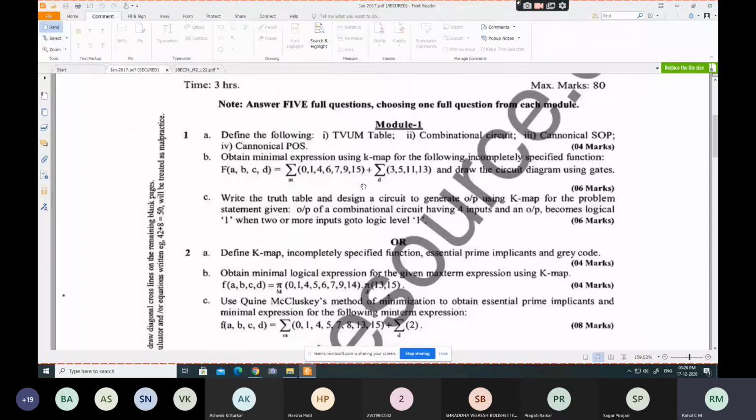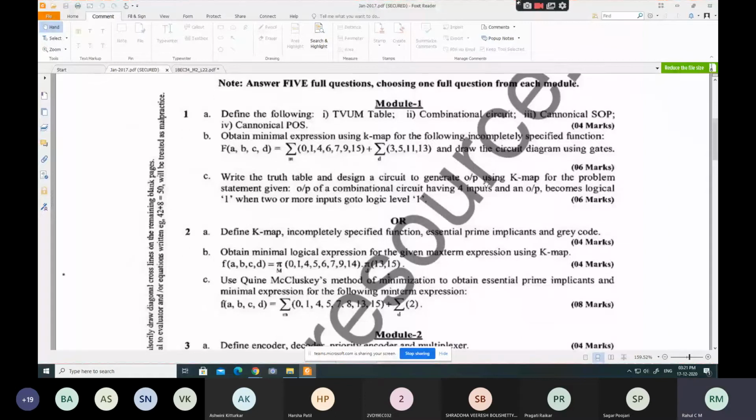Write truth table and design circuit to generate output using K-map for the problem statement given. Output of a combinational circuit having 4 inputs becomes logical 1 when 2 or more inputs go to logical level 1. People understood the problem? Yes, sir.